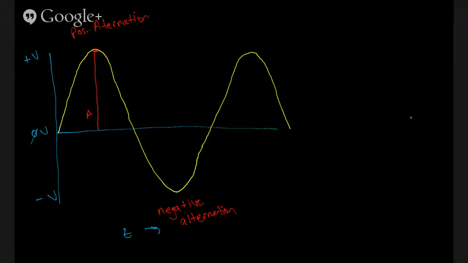And the time from a positive half cycle to a full negative half cycle, that's a period, or easier, let's just call it peak to peak. That is one period. As a time. As a distance, this is a wavelength.